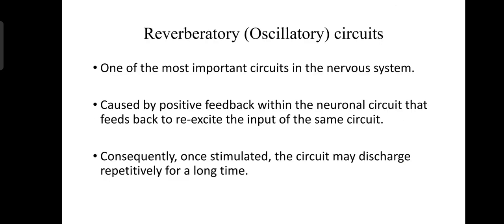Now these reverberatory or oscillatory circuits are very important in the central nervous system. They provide a positive feedback to re-excite the input of the same circuit. So once stimulated, this circuit may discharge repetitively for a long time.